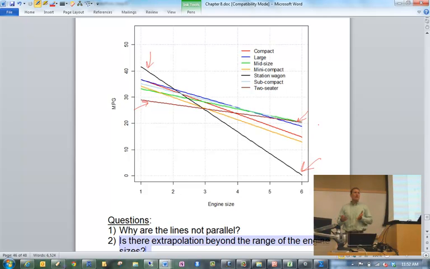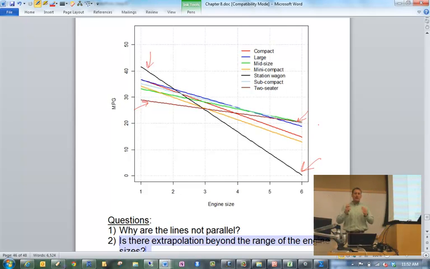So in this case, what does that mean for us here? Take station wagon. Look at the range of the engine sizes for station wagon and only do the prediction for those between the minimum and the maximum.